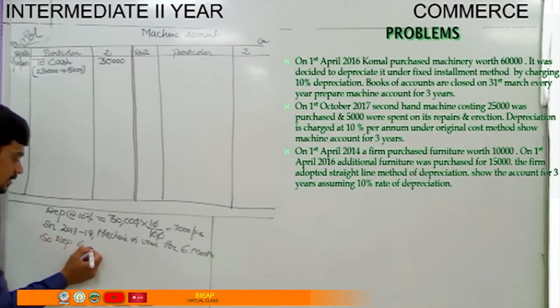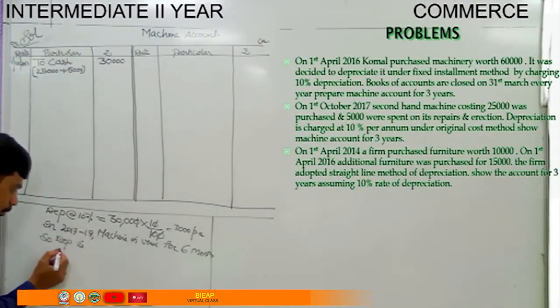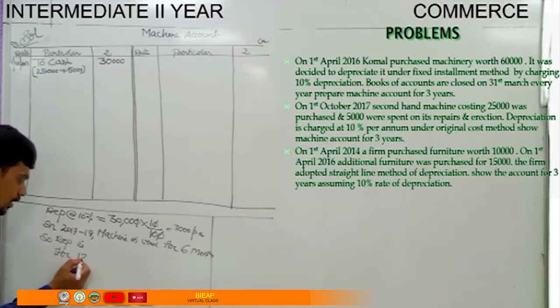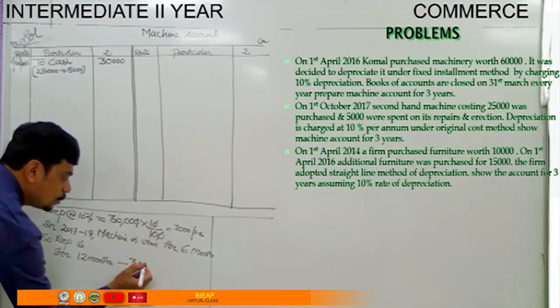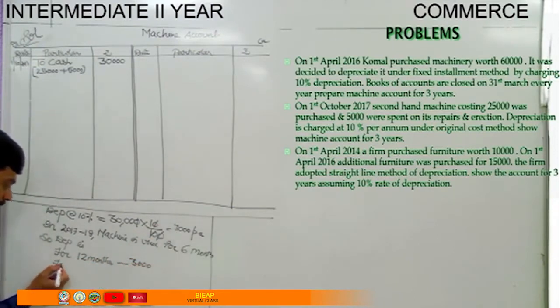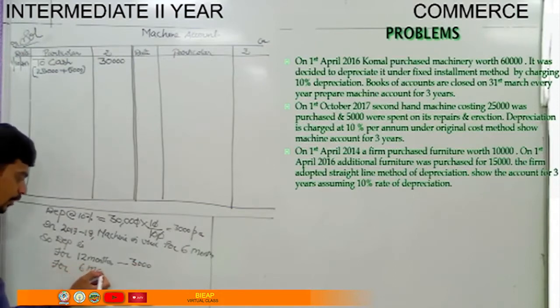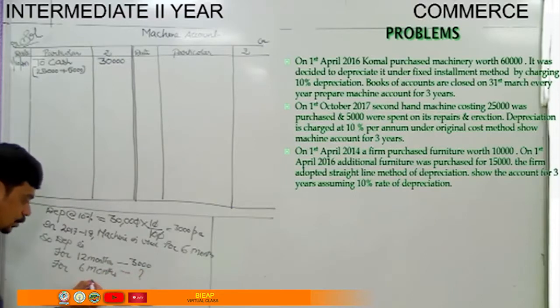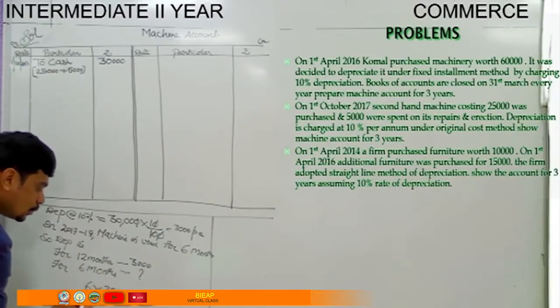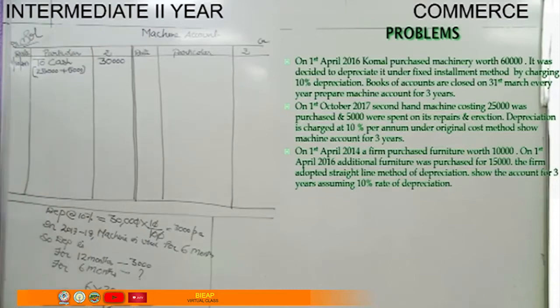So depreciation is proportionate. For 12 months, how much is depreciation? 3,000. We want it for how many months? 6 months. So for 6 months, how much? We'll calculate proportionately, cross multiply: 6 into 3,000 divided by 12.